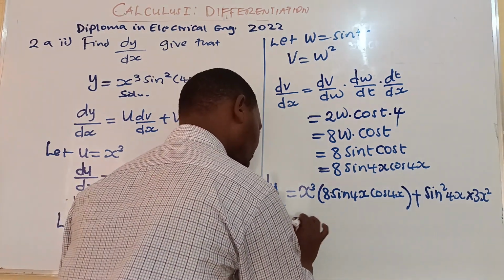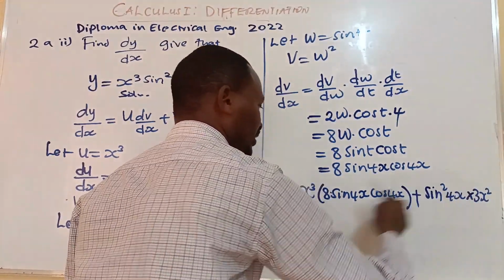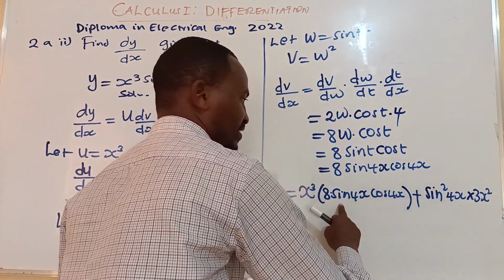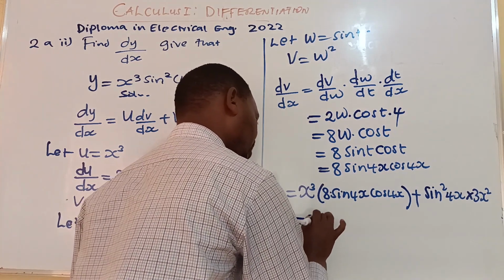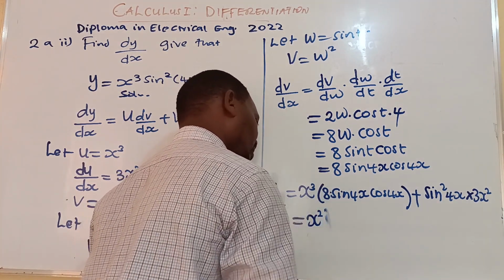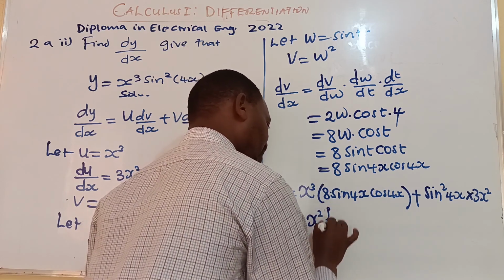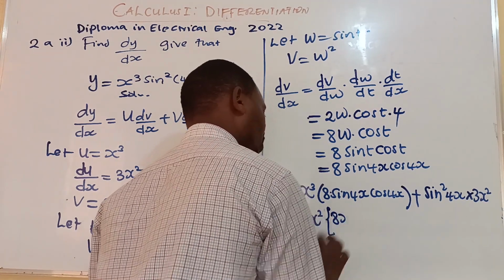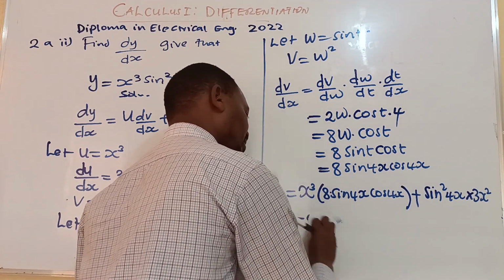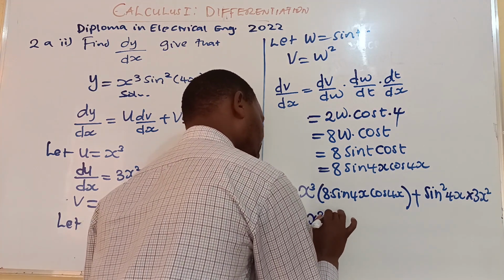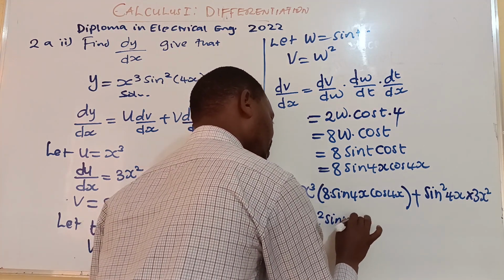Common factors are, here you have x squared, here you have x cubed, here you have sine squared 4x, here you have sine x. So we factored out x squared, then inside the bracket we have, here we have an x, 8x. Oh, we should also factor out a sine 4x, x squared sine 4x.